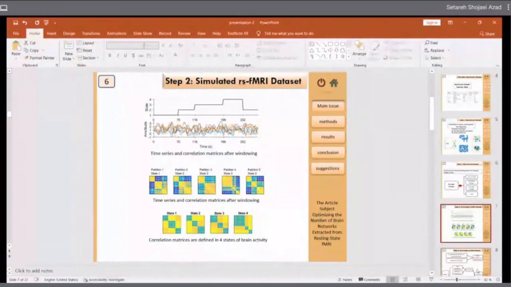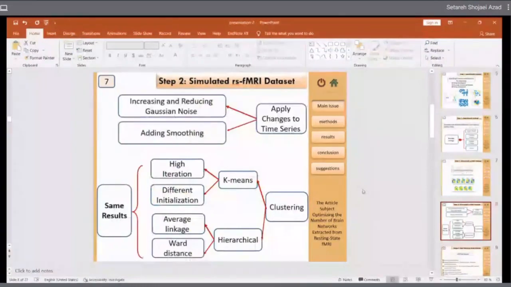Continuing step 2, we used this Dr. Allen data set, but we added more and less Gaussian noise and smoothing to this time series.